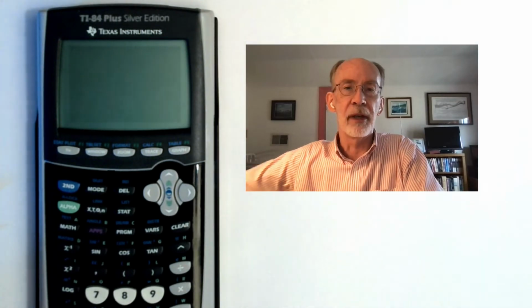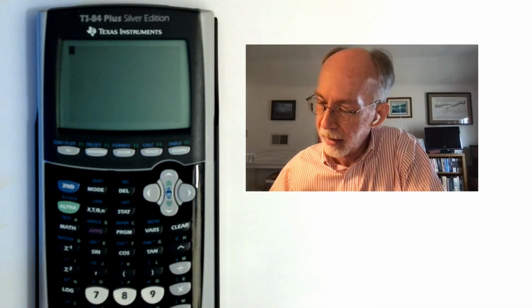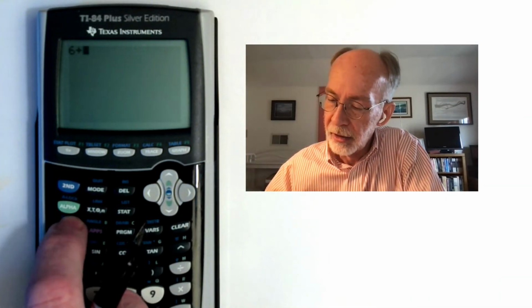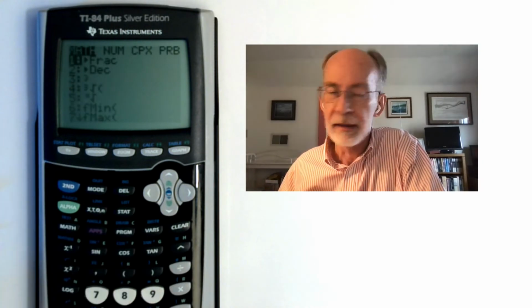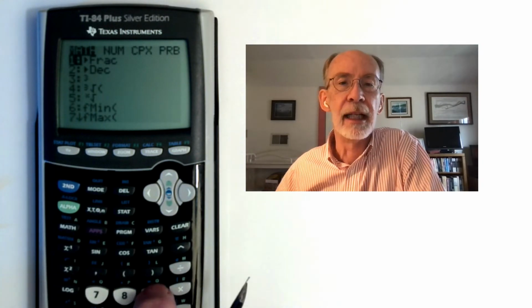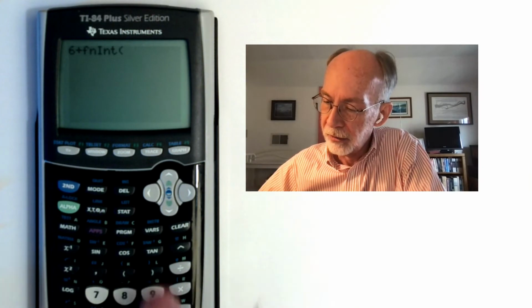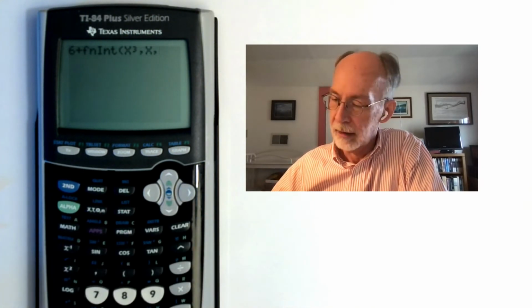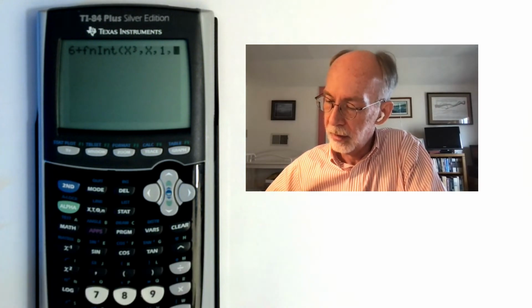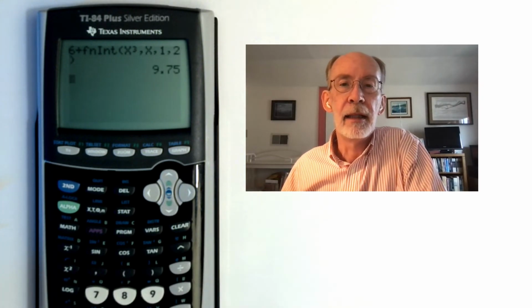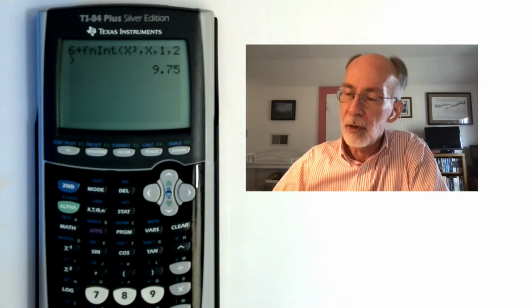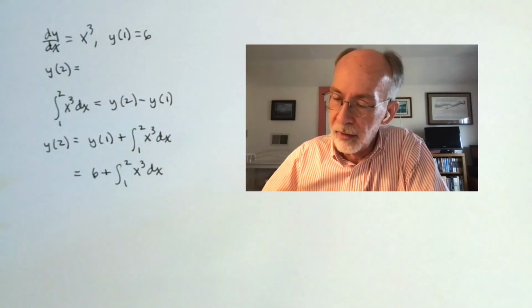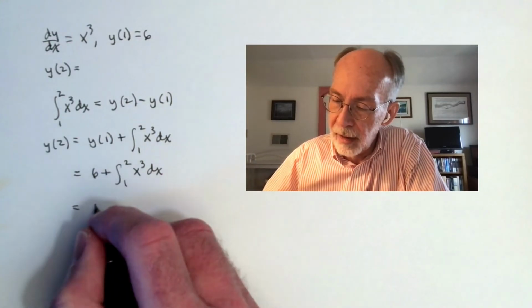We said it was 6 plus the integral, and there's a command finint. That's math 9. Our integrand is x cubed, comma x, comma 1, comma 2, and out comes 9.75, which is the result we got using the previous method.